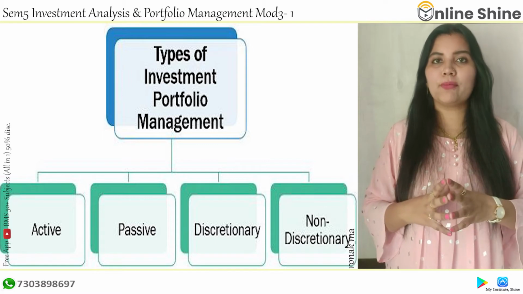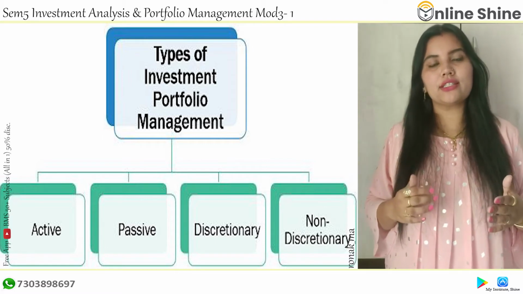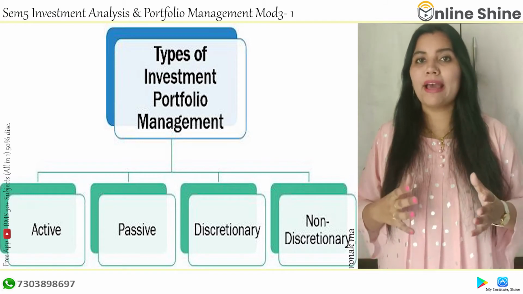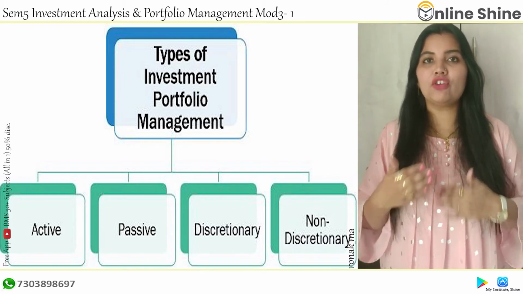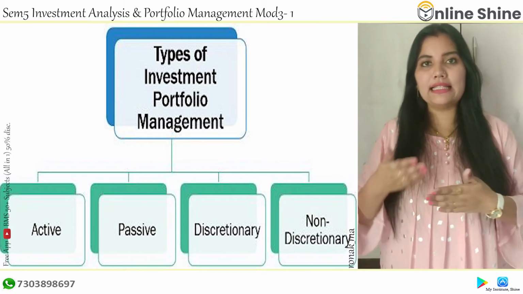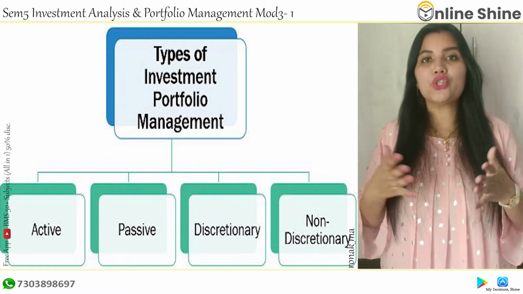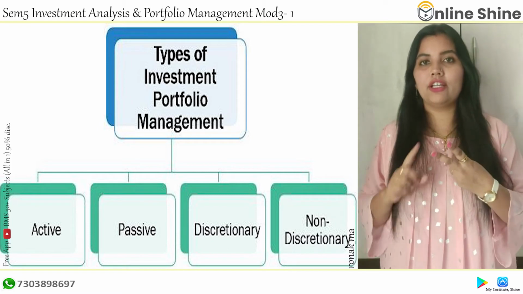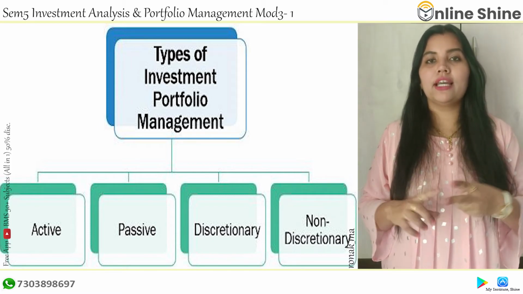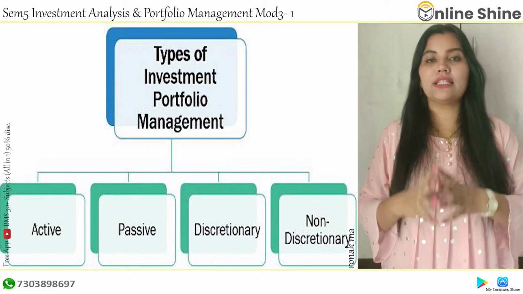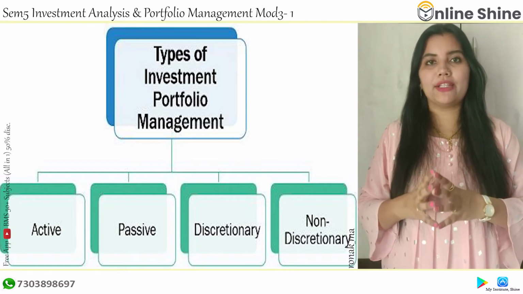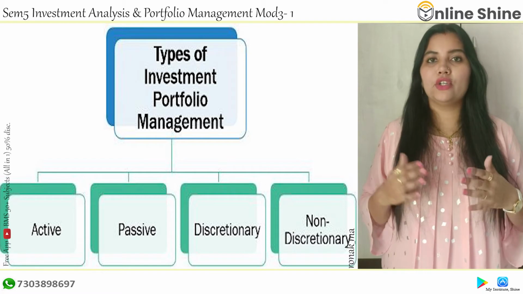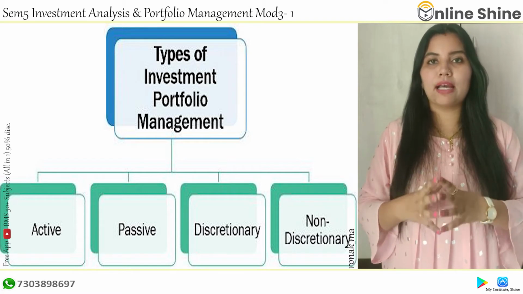In active portfolio management, as the name suggests, the portfolio managers are actively involved in buying and selling of securities to ensure maximum profits to the individual. And the second one, passive portfolio management. In passive portfolio management, the portfolio manager deals with a fixed portfolio designed to match the current market scenario.